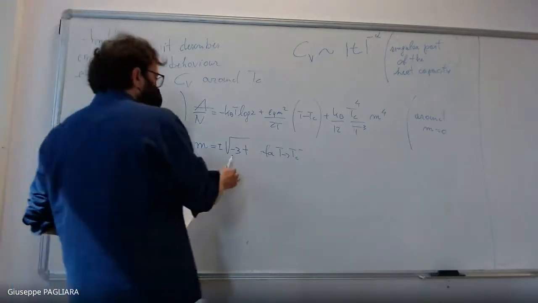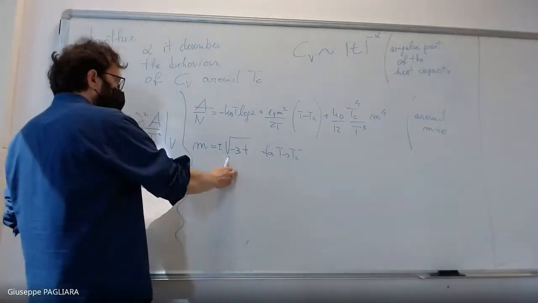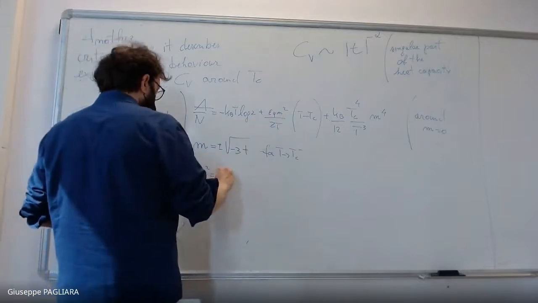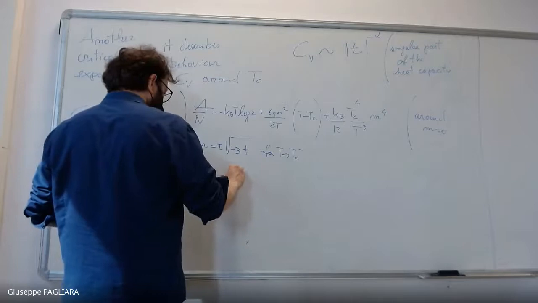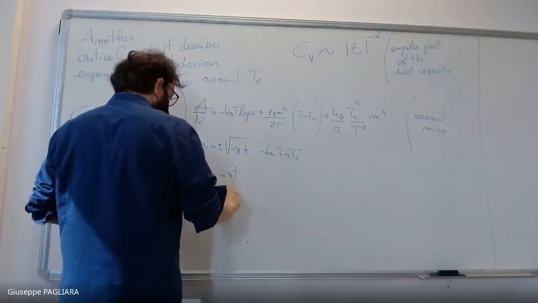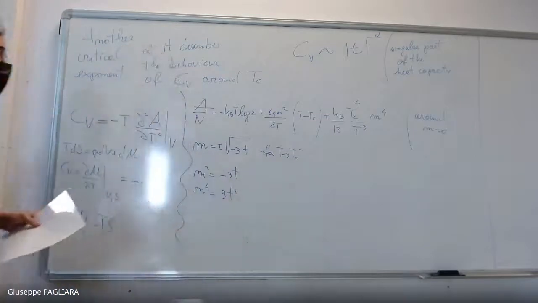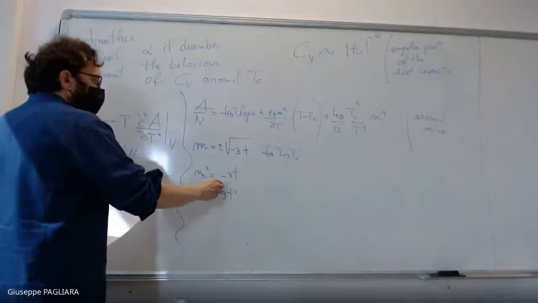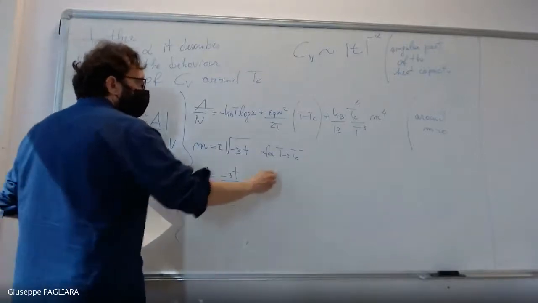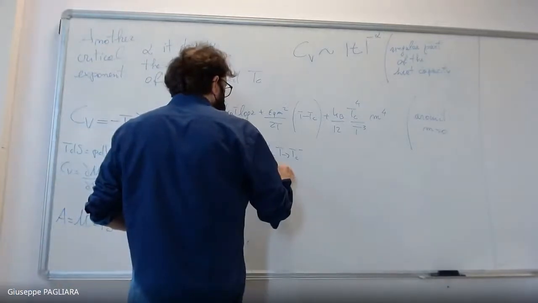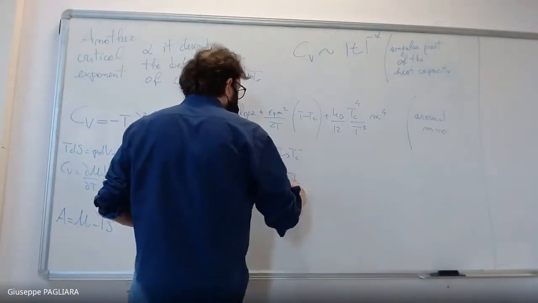So then one basically takes this expression and puts it here. So m squared is minus 3t, and m to the power of 4 is 9t squared, where t is equal to (T minus Tc) divided by Tc.